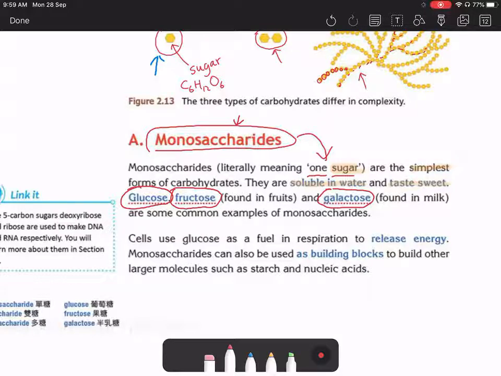Okay. Tell me any common point in the names of these sugars. Can you tell me what parts are the same in these 3 examples of monosaccharide? Look at their names. Look at the spelling.